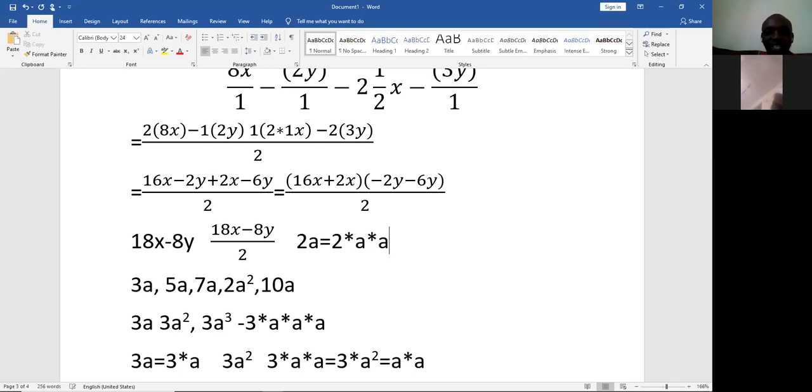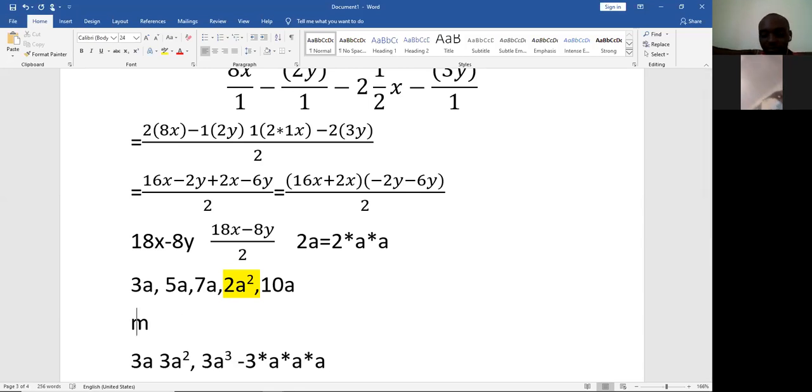So you can see it is different from these others because all these others are multiplied by a single a. This one is multiplied by a squared, or a and a. So this one is different from these others. While we can say 3a, 5a, 7a, and 10a are like terms. So if you are adding, there's no way we would have added 2a squared because it is not like terms with the rest.